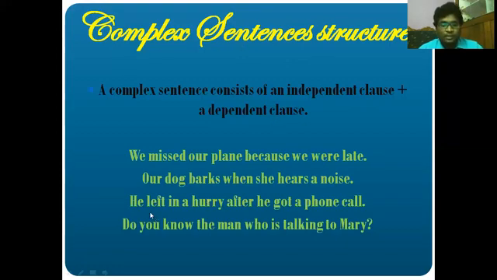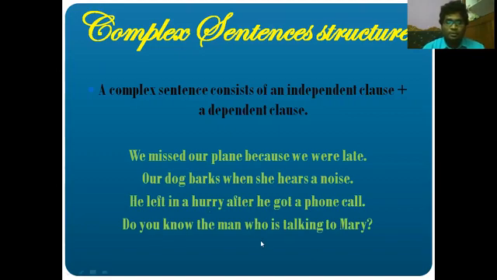And see here, one more example: he left in a hurry after he got a phone call. And one more example: do you know the man who is talking to Mary?